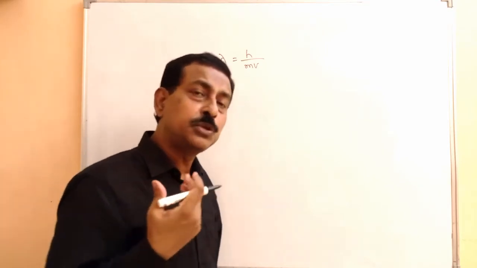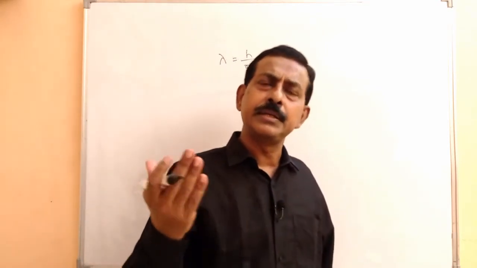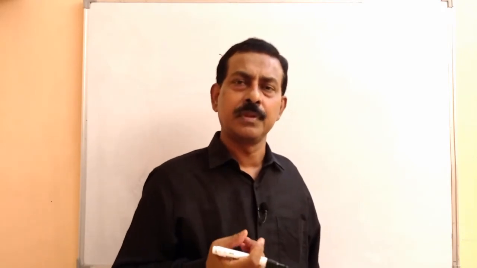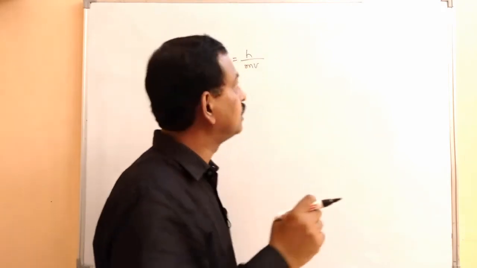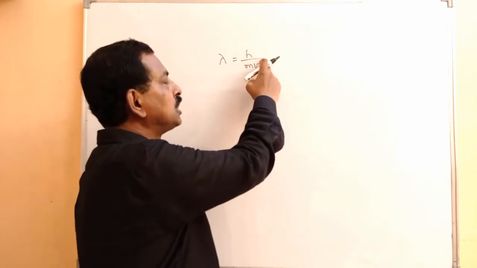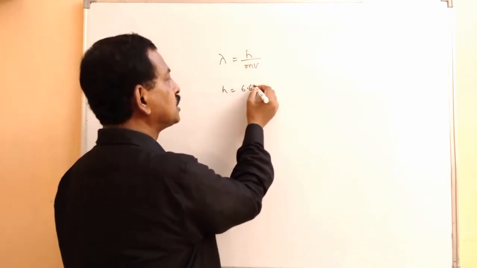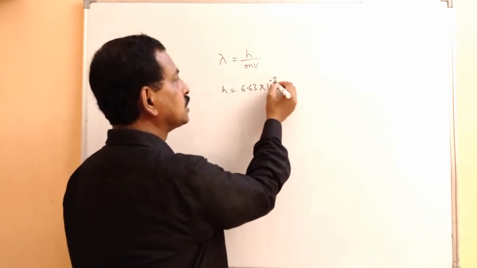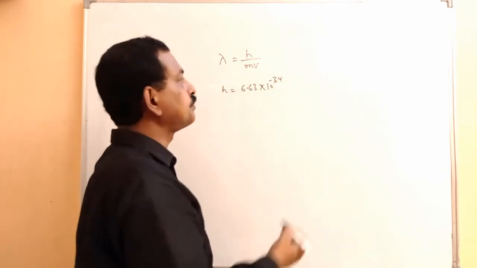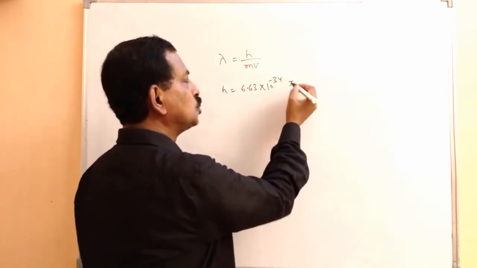Now we do not observe this in day-to-day life. The reason is that Planck's constant value is very small. You know that h is 6.63 into 10 to the power minus 34 joule second.